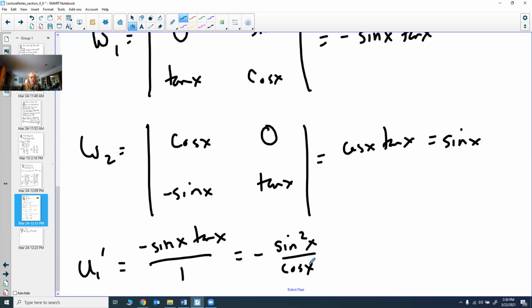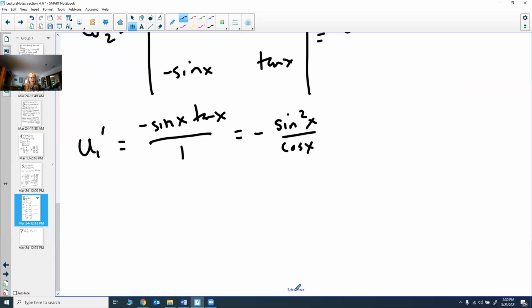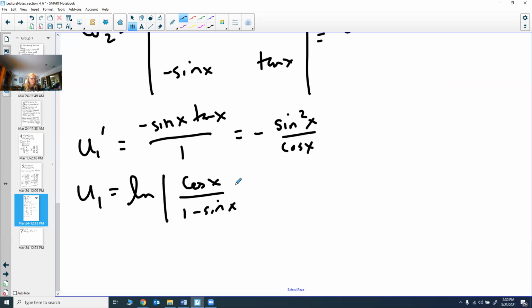And then we need to find out what u1 is, not u1 prime. So we need to take the integral of that. You can use technology to do this. You can use u substitution to do this. I don't care how you do it. But you're going to find that it's the natural log of the cosine of x over 1 minus the sine of x, minus the sine of x.